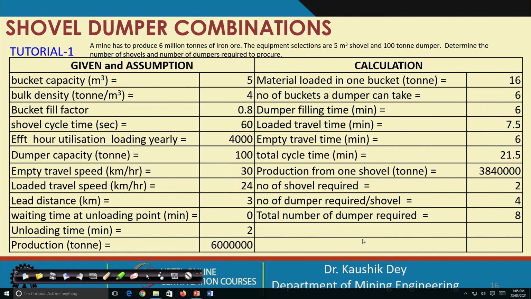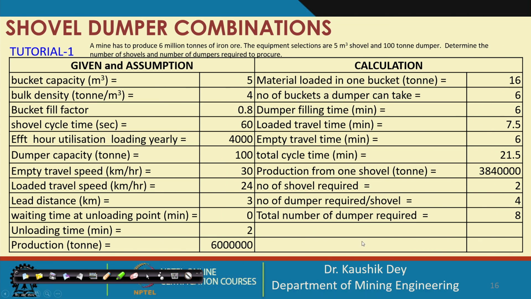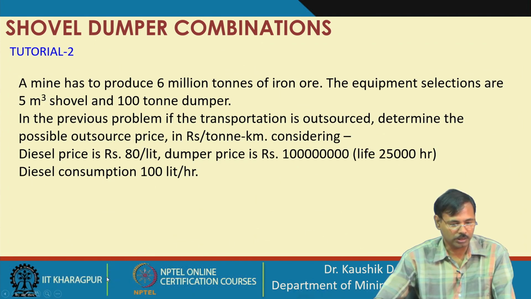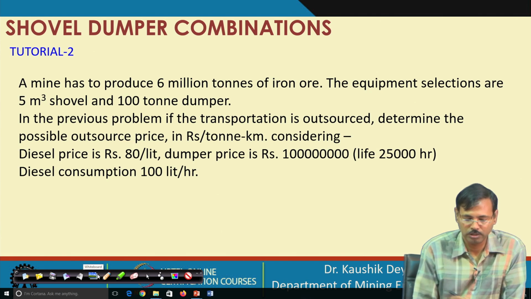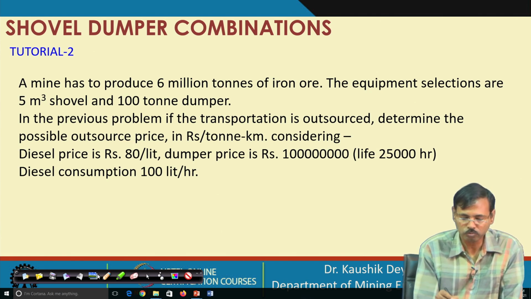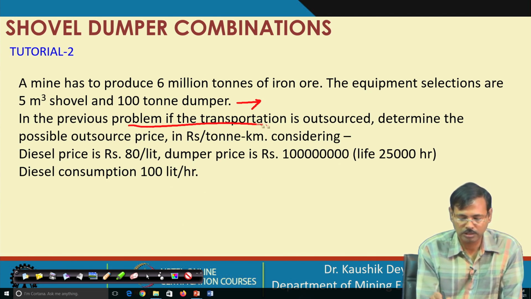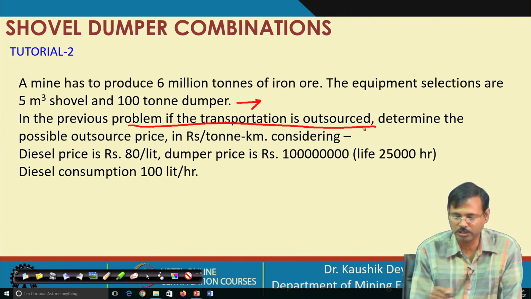Now, let us look into another problem in which we will estimate the cost of transportation. Suppose the mine that we discussed earlier is now thinking that it will give the transportation as outsource.